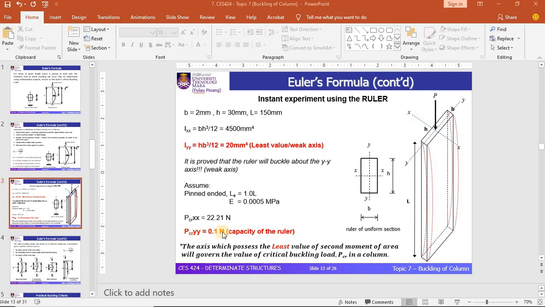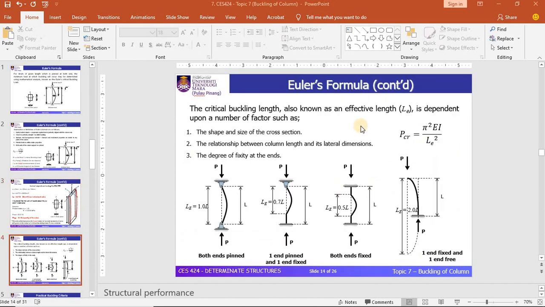Based on this slide, we conclude that the axis which possesses the least value of second moment of area will govern the critical buckling load of a column. I have proved that using a simple experiment with the ruler. I hope you understand this part. Let's move on to the next slide.